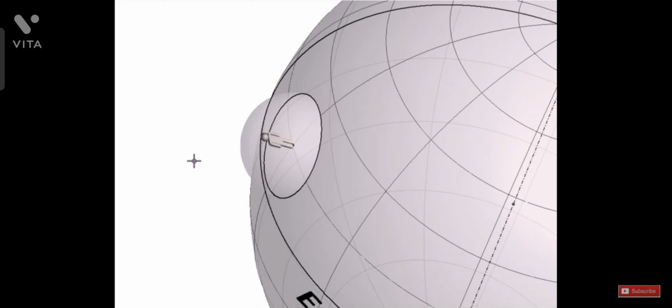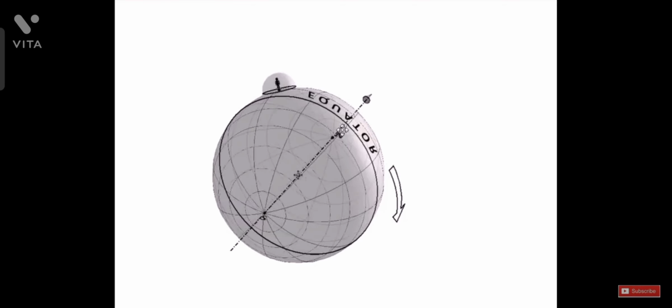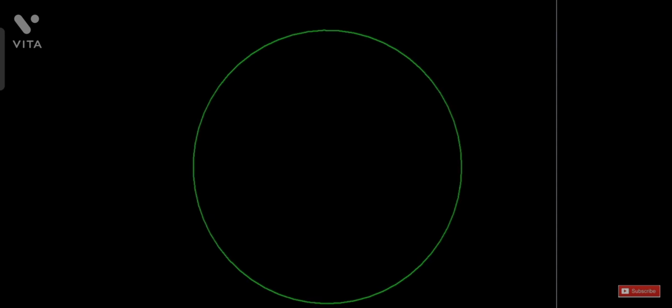In order to calculate the size of the horizon, let us zoom out a bit and put our observer on top of the Earth. I think he's going to like it. So here is the Earth in a schematic diagram, and this is our observer, and we are going to draw a line of sight. As light travels in a straight line, we are going to draw a line from the observer tangential to the Earth's surface.